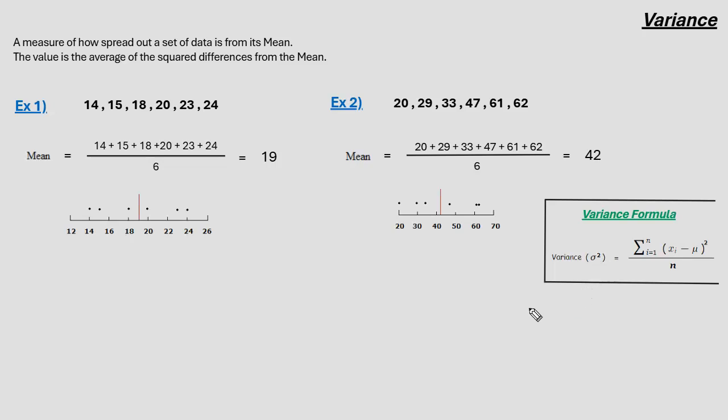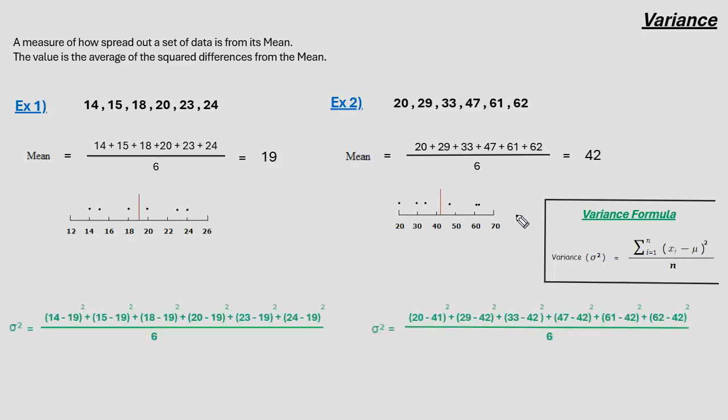So if we put our respective values for example 1 and example 2 into the variance formula, we get the following, where we have our first value in our list of data minus the mean squared, the second value minus the mean squared, all the way up to our n, which is our 6th value, 24 minus the mean squared. And this is all over the number of values there are, which is 6.